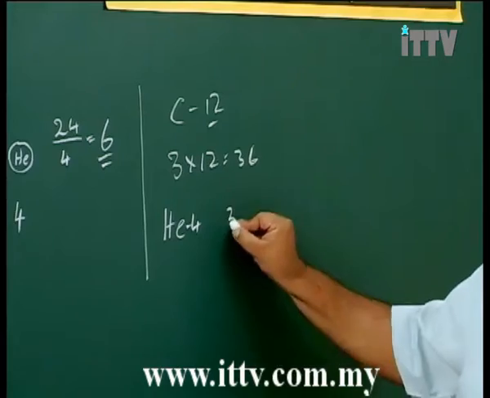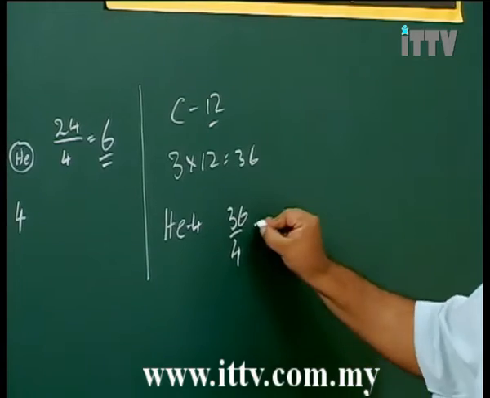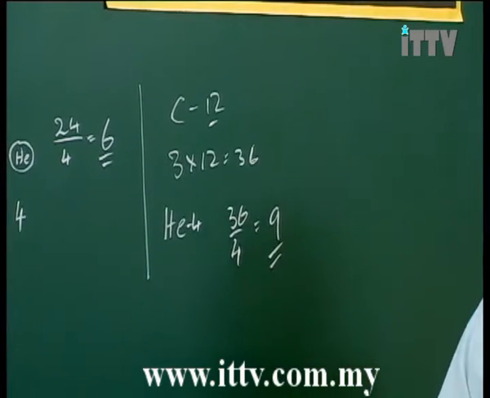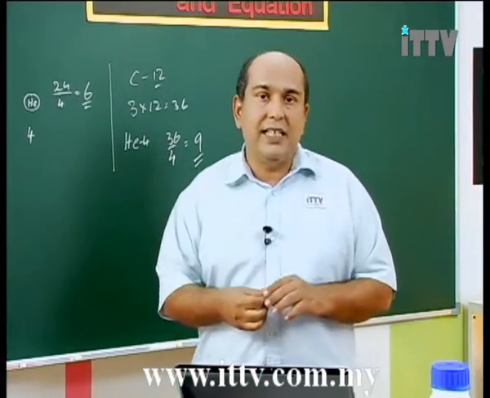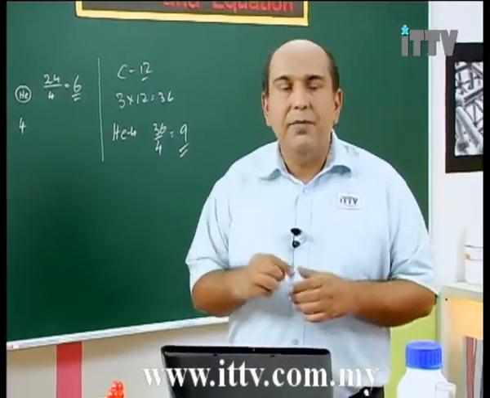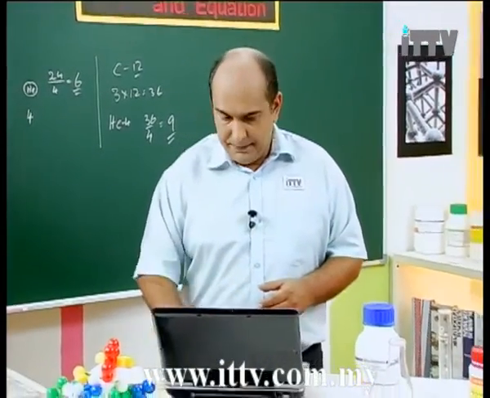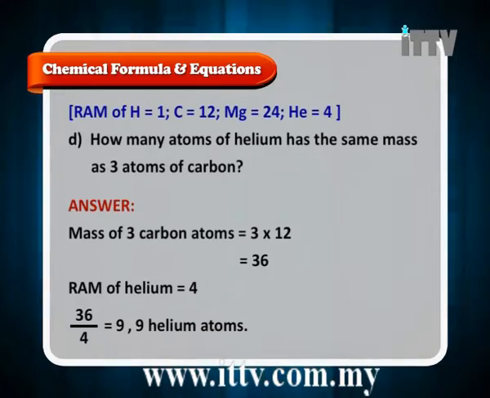So, 36 divided by 4 gives you 9. Mass of 3 carbons equals 3 times 12, 36. RAM of helium is 4. 36 divided by 4 is 9. So the answer is 9 helium atoms have the same mass as 3 atoms of carbon.